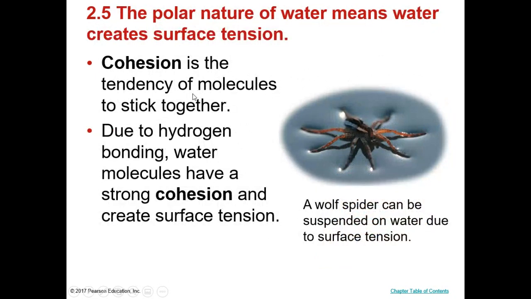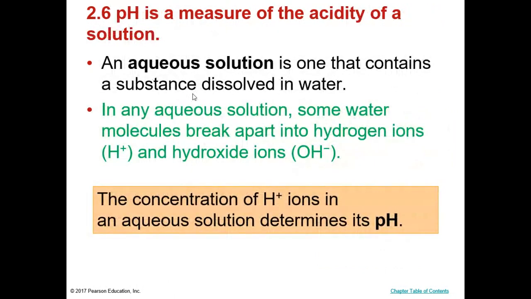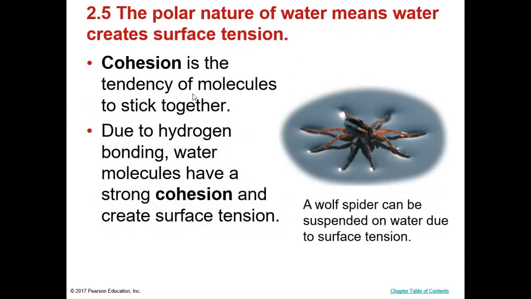All right, so other properties of water are cohesion and adhesion. Cohesion means the tendency of water molecules to stick together, and adhesion means those water molecules sticking to the surfaces of their container, essentially. Very important properties, especially when it comes to circulating water around the body. Water doesn't exist as pure water inside the body.